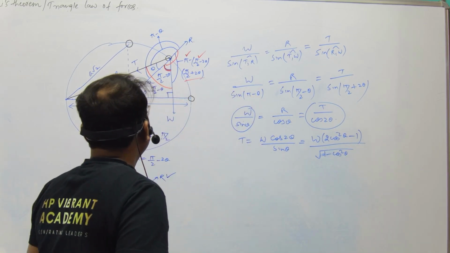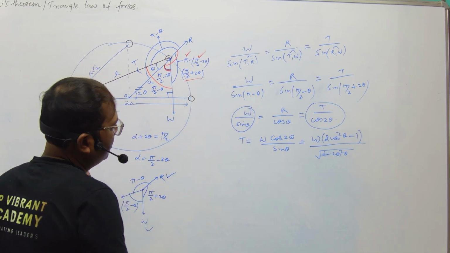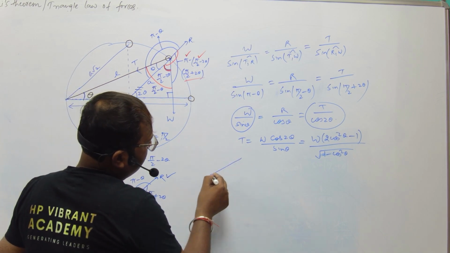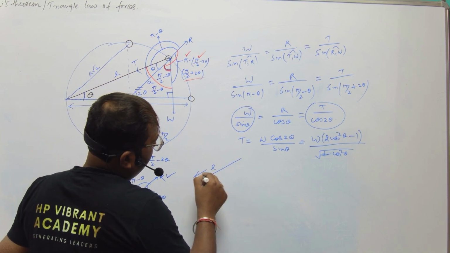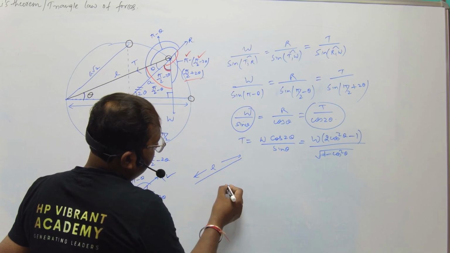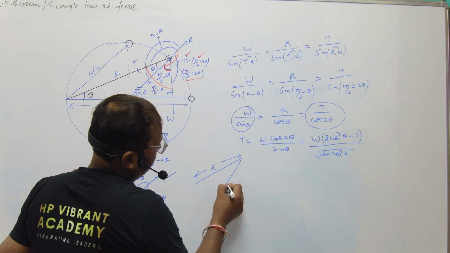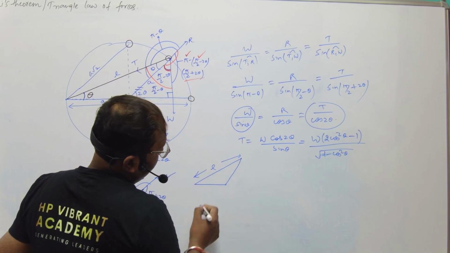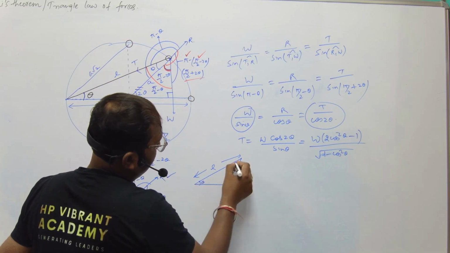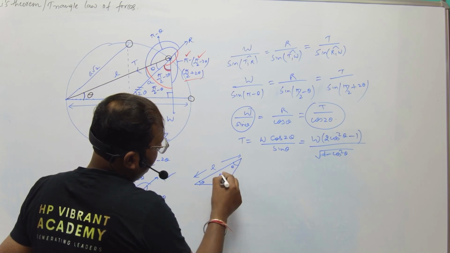Okay, so now let us go back to this one. We have the length of the string as L, and we have this as the center. We have the radius like this. This angle is theta and this angle is theta. Let us draw a perpendicular from here.